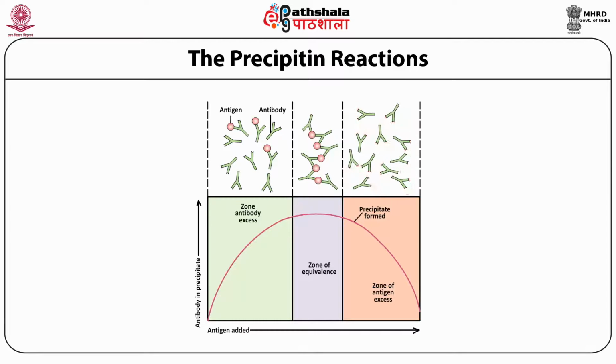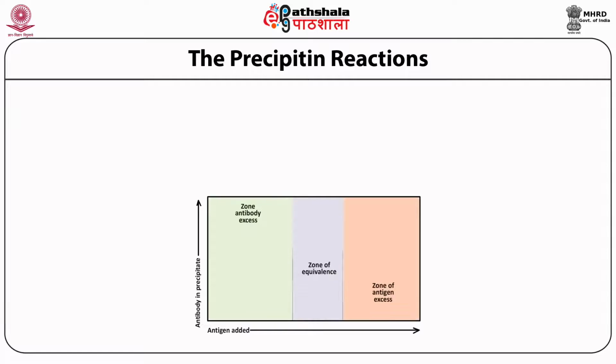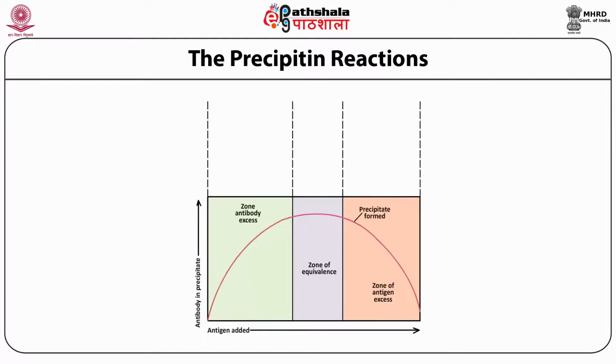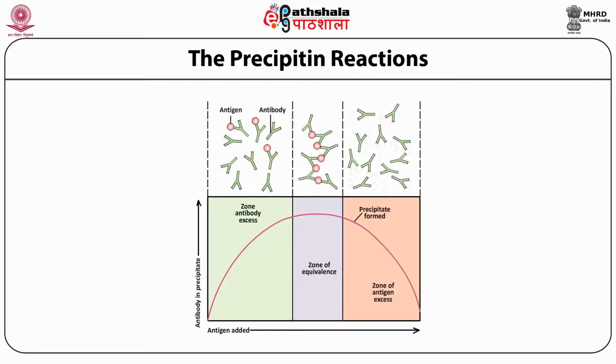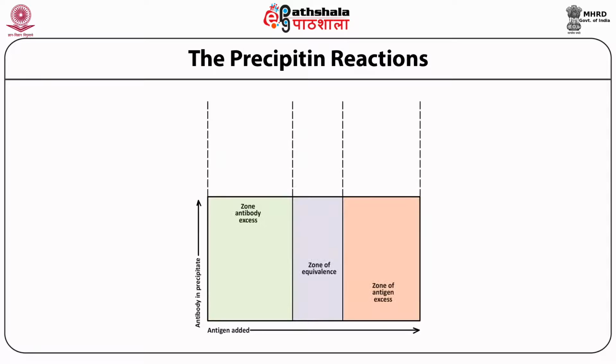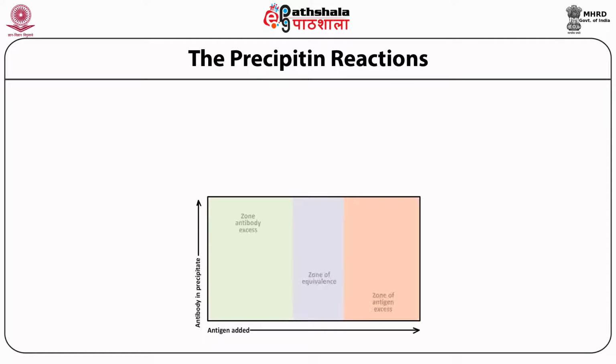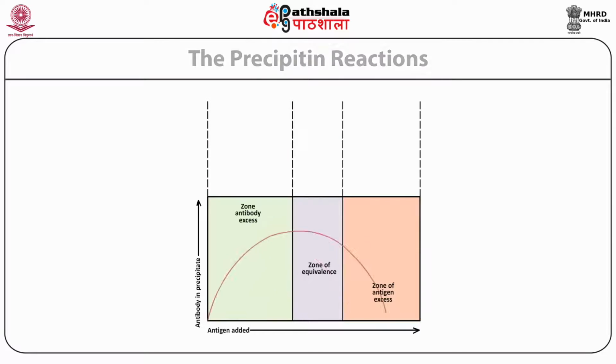This is the zone where some of the antigens exist free and are not a part of the precipitin lattice. This precipitin reaction was discovered long back and is still considered a very valuable test for testing the presence of antigens or antibodies.